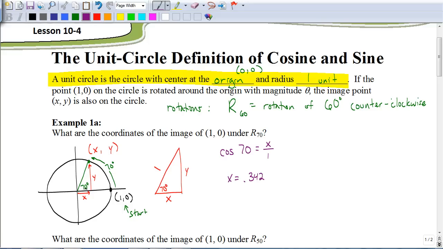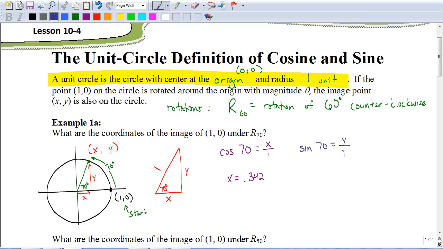So my value for y, if I want to find that, well, y is across from that 70-degree angle, or it's the opposite leg, and we're still going to use 1 as my hypotenuse. So it's going to be the sine, which is the opposite, y, what we're trying to find. So the sine of 70 equals our opposite leg, which is y, over our hypotenuse, which is 1. Again, if I multiply both sides by 1, it stays the same.